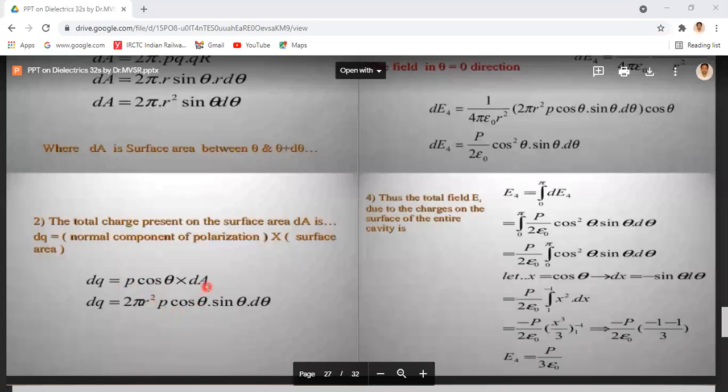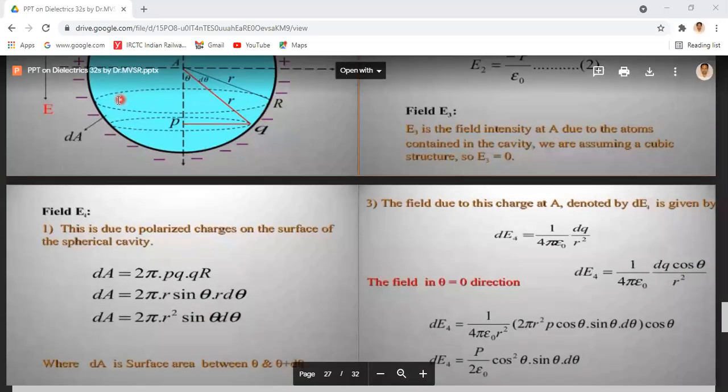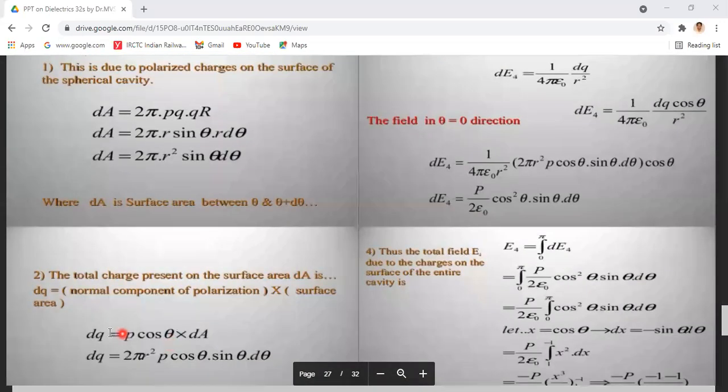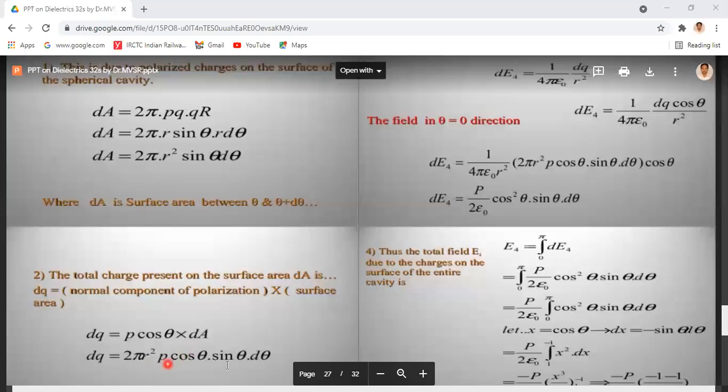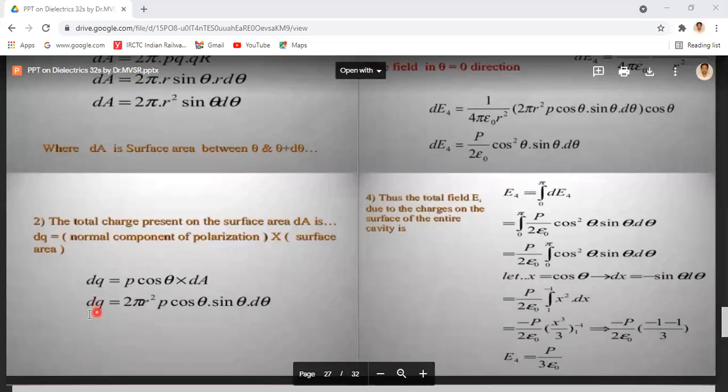The value of dA is the area of this small strip, which is 2 pi r square sine theta d theta. Substituting the value of dA in this equation, we get the amount of charge dQ existing on the small strip of area dA.